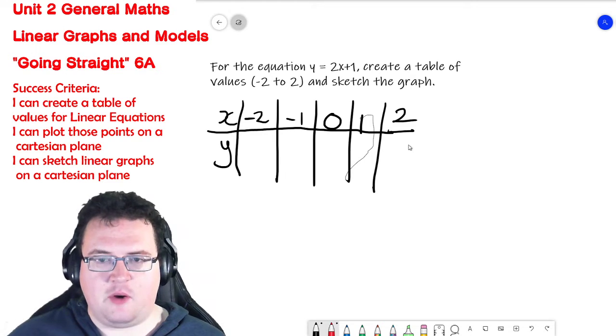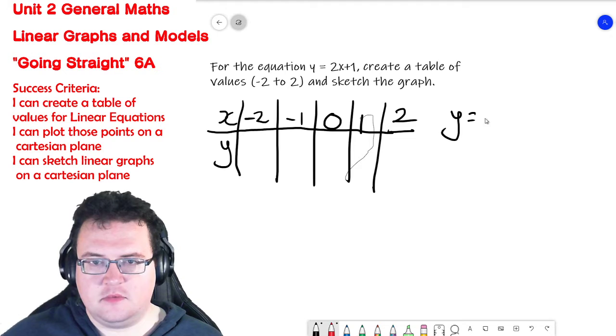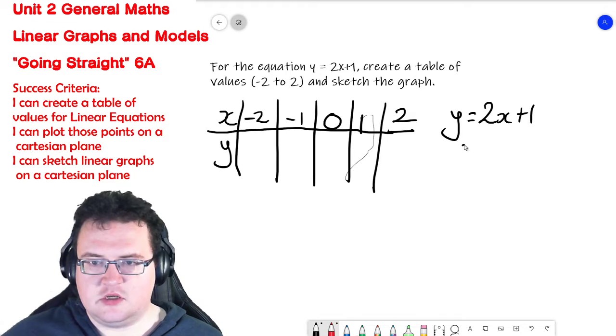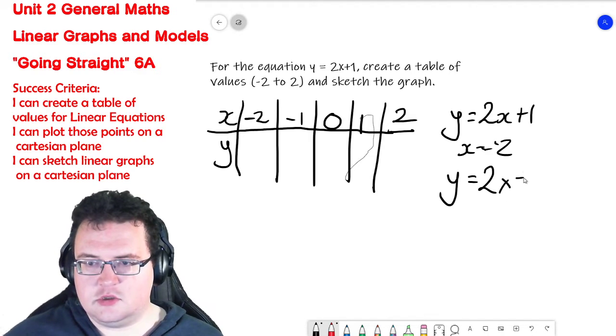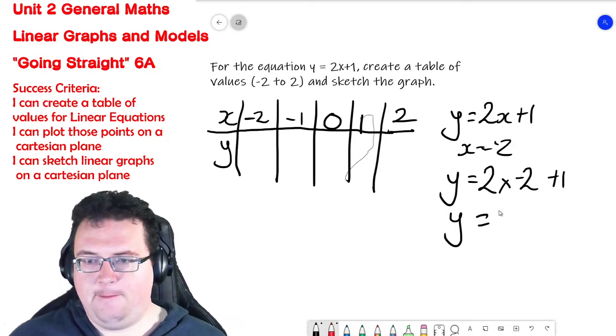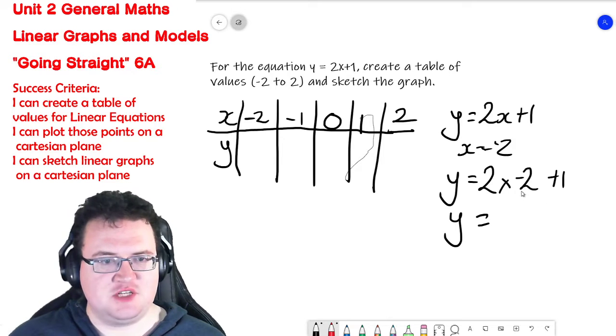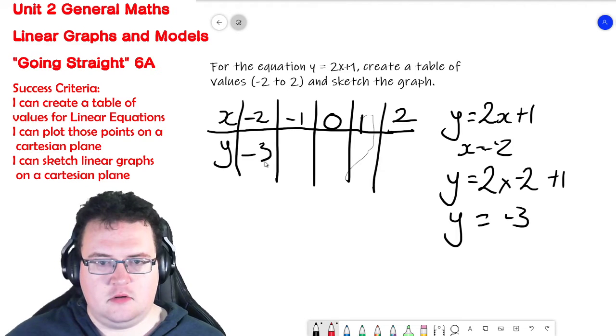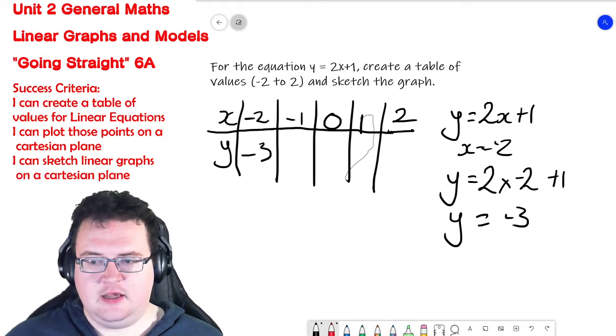What I remember is that I get my equation and take the value that I need to substitute. So if x = -2, y = 2 times -2 plus 1. 2 times -2 is -4, plus 1 is -3, and then I put that in the table of values.